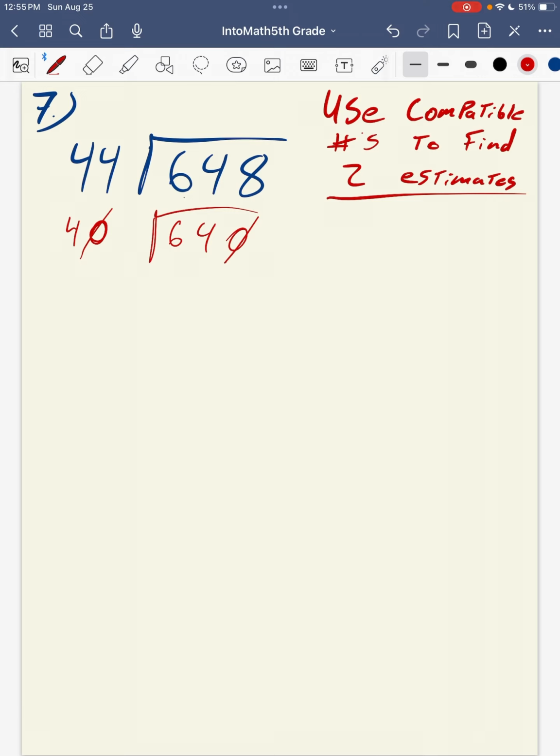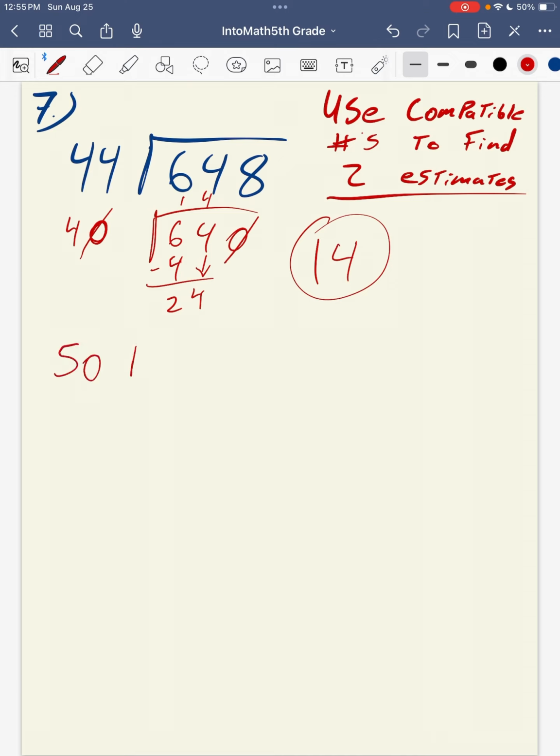How many times can 4 go into 64? Well, 4 can go in there 14 times. Okay, so first estimate, 14.